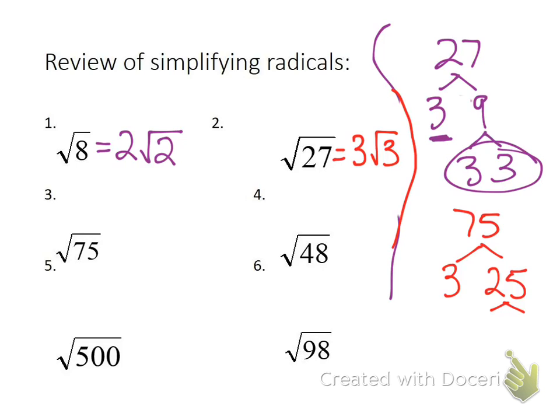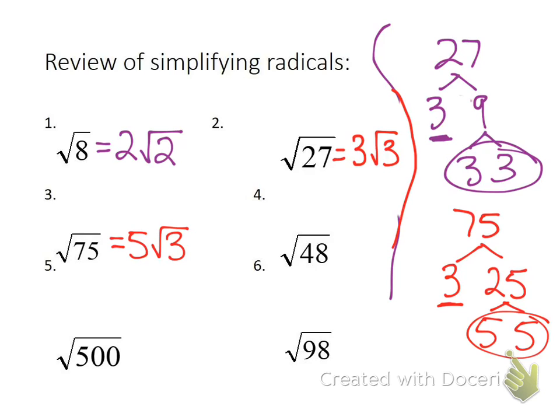All right, and then 25 breaks into 5 and 5. 3 won't break down anymore. This time we have a pair of 5s and a lonely 3. So who can tell me how they think this one would be written? Jacob? 5 square root of 3. Very good. So the square root of 75 turns into 5 square root 3.